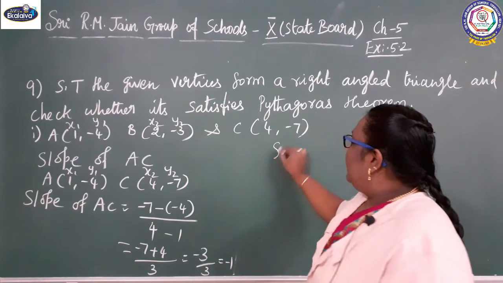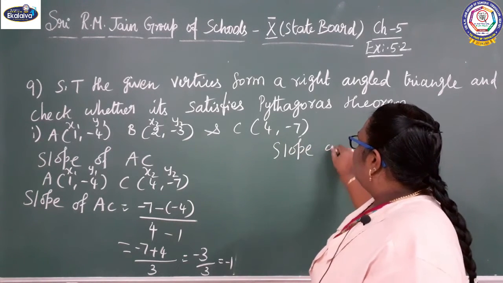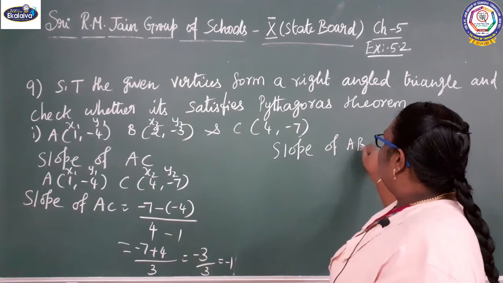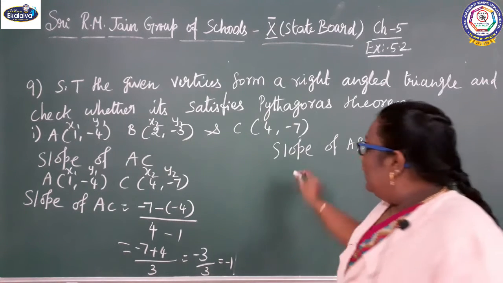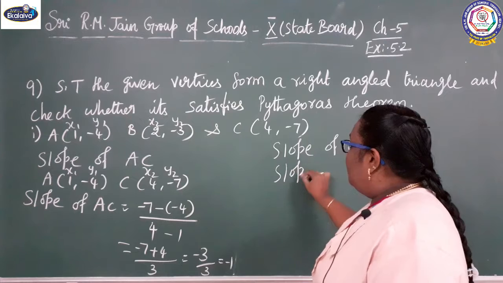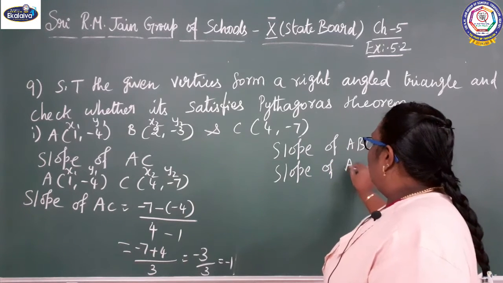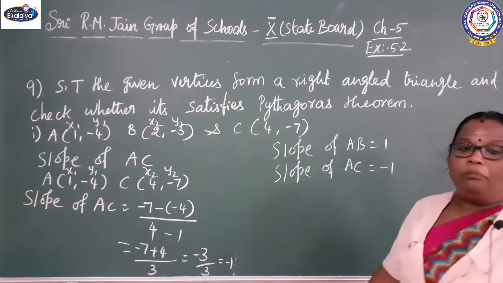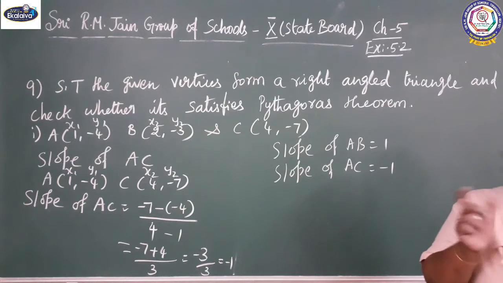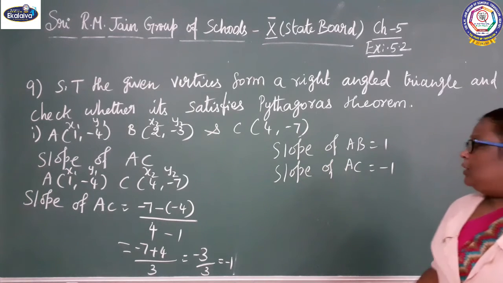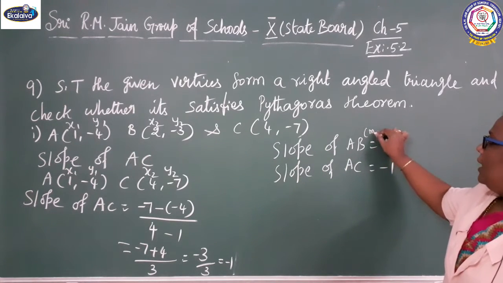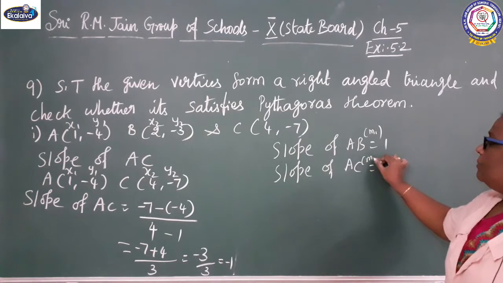See, slope of AB equals 1 and slope of AC equals minus 1. Here, the product of the two slopes: you can take this one as M1 and this one as M2.